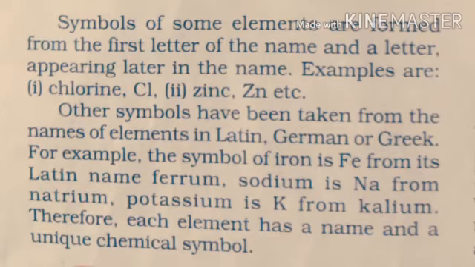Other symbols have been taken from the names of elements in Latin, German, or Greek. For example, the symbol of iron is Fe from its Latin name ferrum. Sodium is Na from natrium. Potassium is K from kalium.